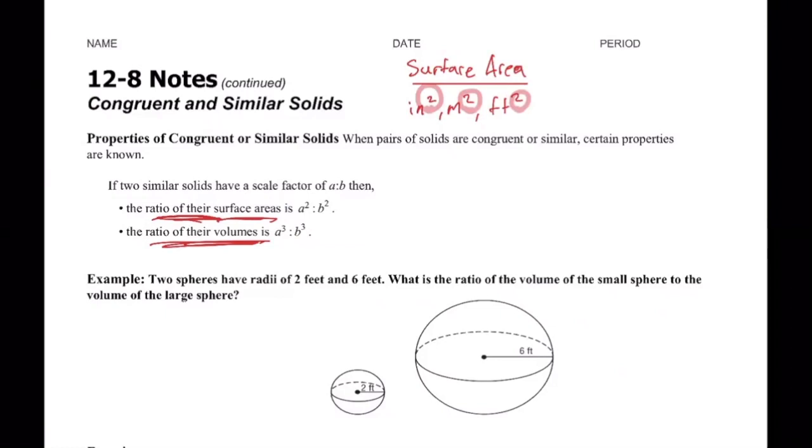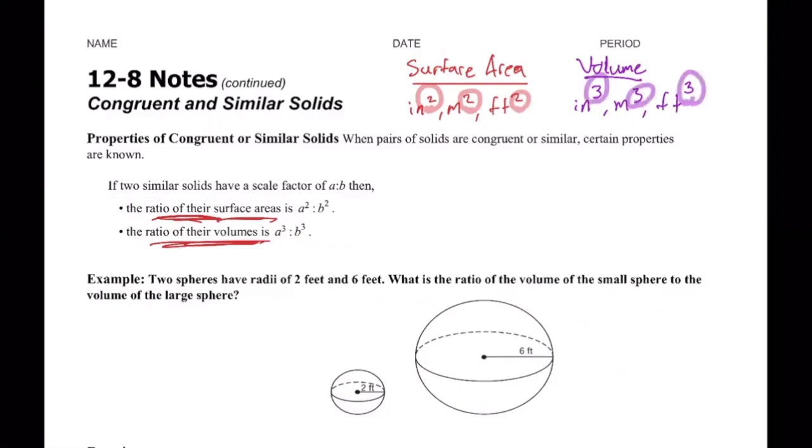For volume, right, the units are cubed. So when you're talking about the dimensions, you always want to cube them. So it's really to emphasize that.